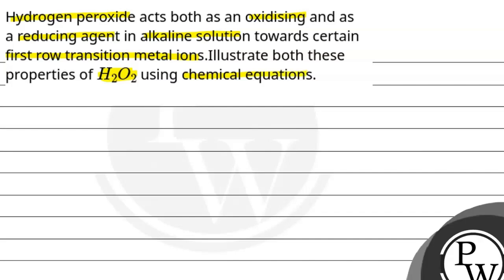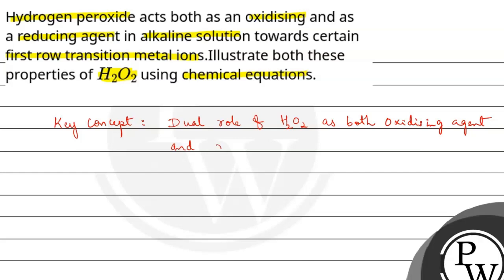So, let's first understand the key concept involved in this question. जो key concept involved हुआ है, it is understanding the dual role or dual nature of hydrogen peroxide, that is H2O2, as both oxidizing agent and as reducing agent.